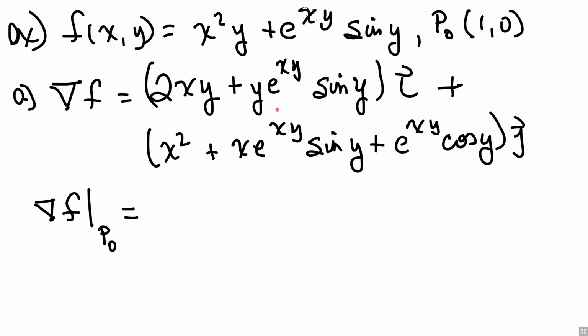I get 0 in the i direction plus, if I put the values (1, 0) into this, what will I get?